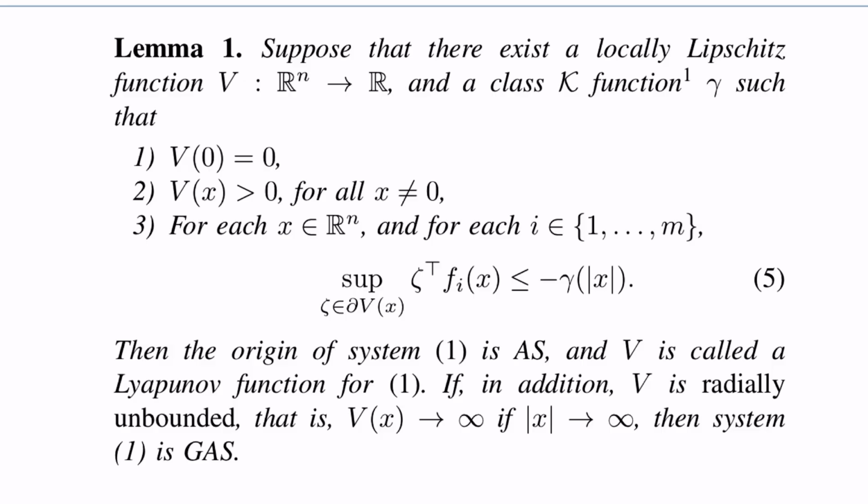But here's the thing: since we have a set of values, which one do we need to look at? Basically what I'm saying is that v dot of x is not a single value, it's a set of values. And then we had less than 0, some type of negativity constraint, like we had before. Imagine the problem is that v dot is not a single value but a set of values.